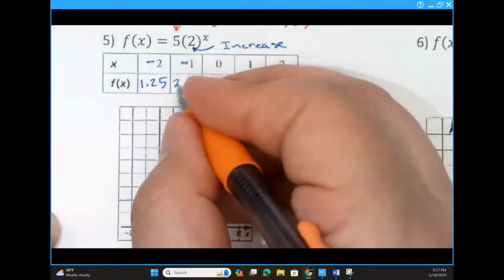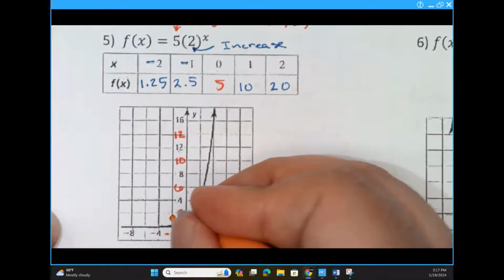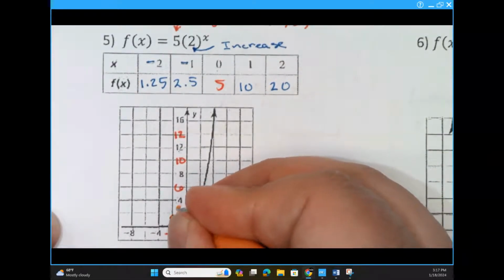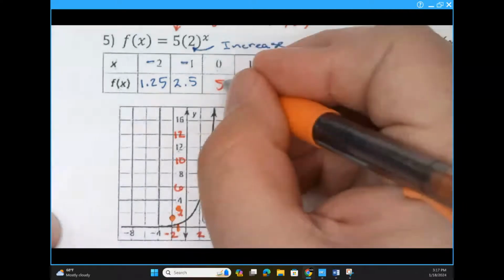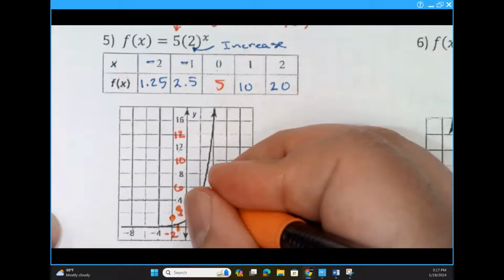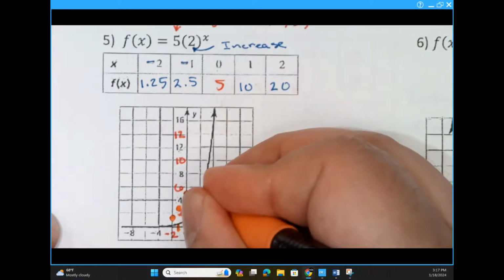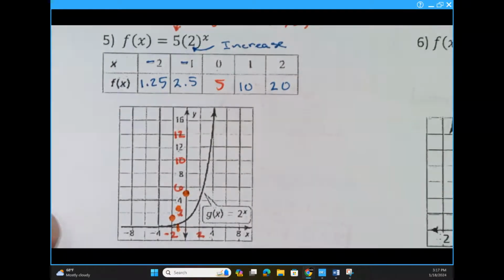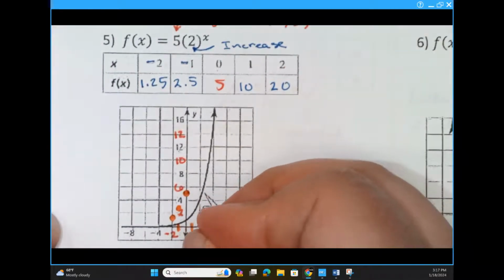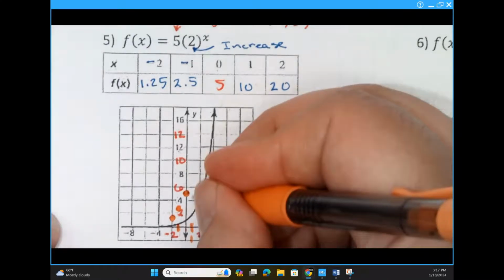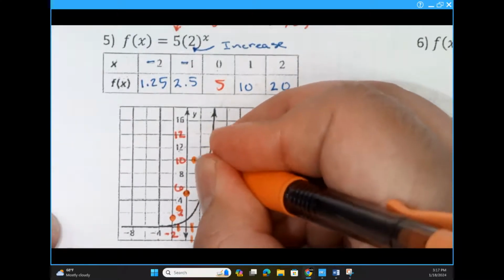And then it's 2.5, so just above the 2. All right, the rest are easy. 0, 5. Well, that's still skip counting. Try it in the middle, so maybe not so easy. 1, 10. Well, remember, they're skip counting, so 1 all the way to 10, right in the middle.